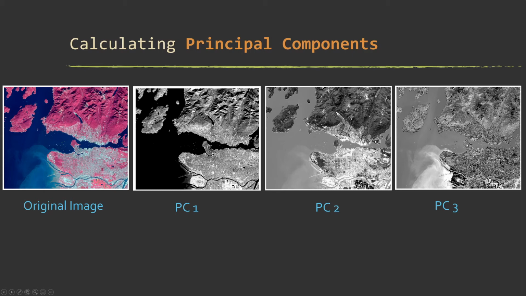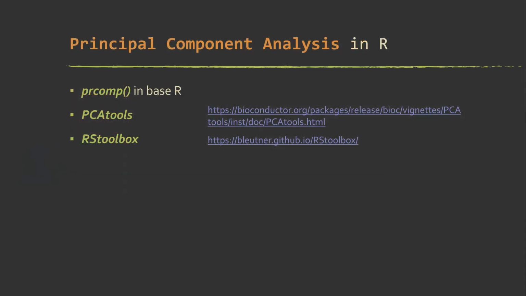You can see that different principal components are capturing different information. Here we see a very big difference between water versus land. This is differentiating vegetation versus impervious surfaces. Here we see differentiation in the water, where we have sediment versus not sediment, and so on. So it's a different way to represent the information content in the original data.